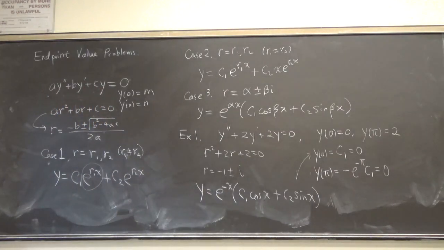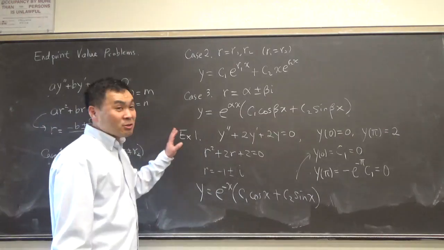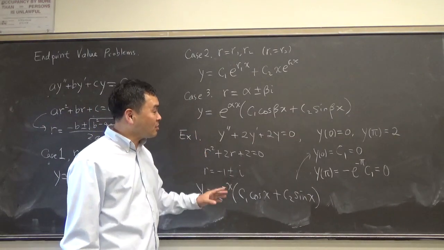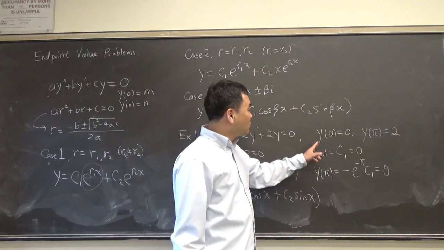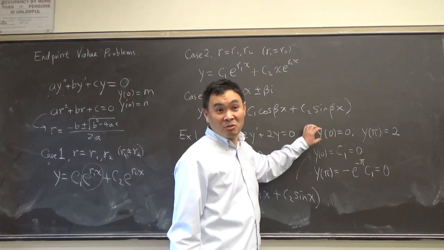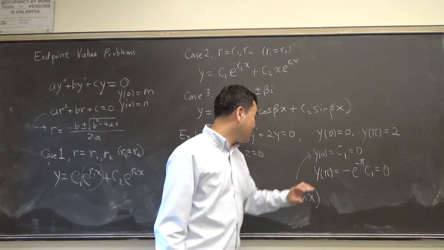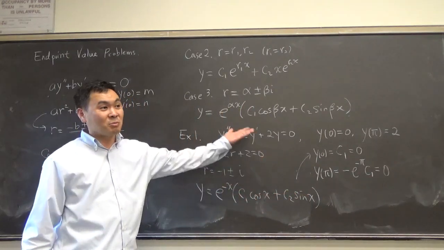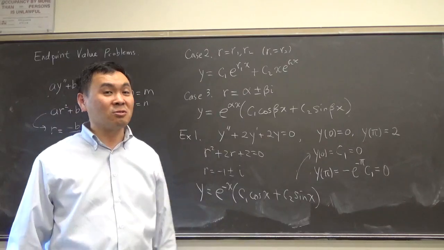Because if such a function did exist, then y of 0 and y prime of 0 would be some value, and your solution must look like this. But there's no such function.